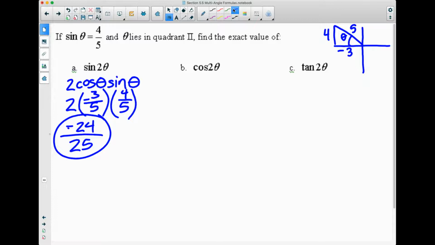Part B? Anybody want part B? Do it. I want to do C. You want to do C?